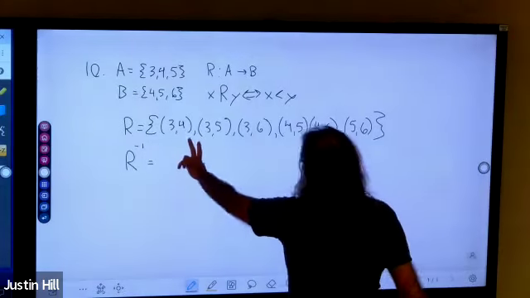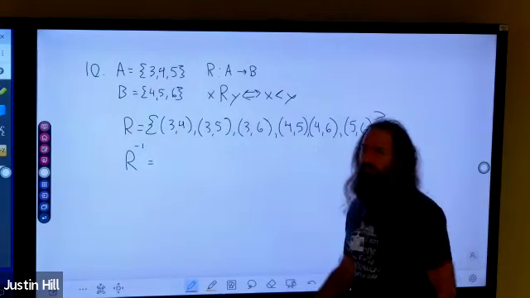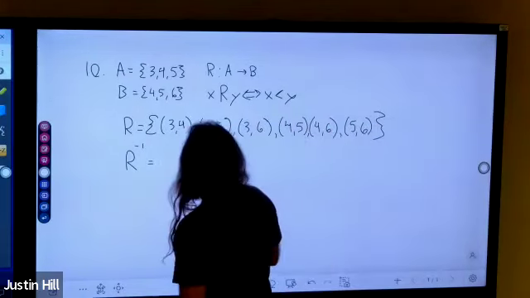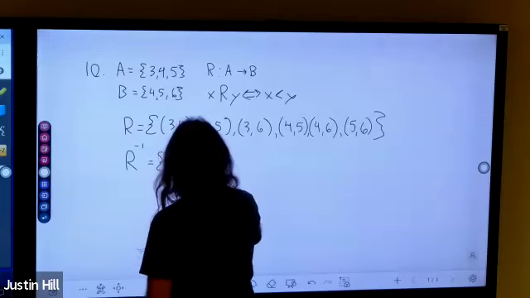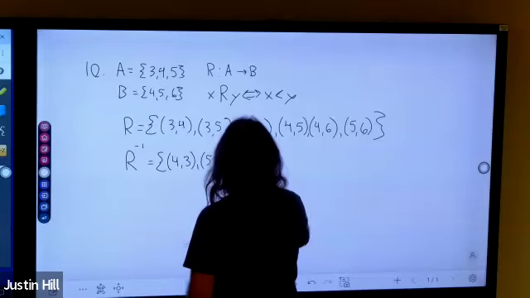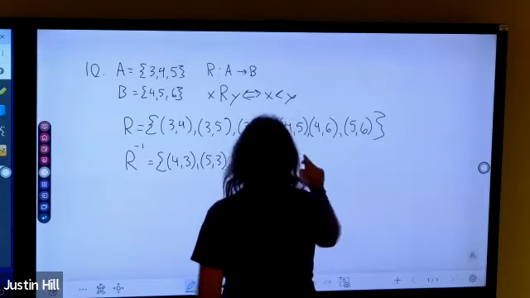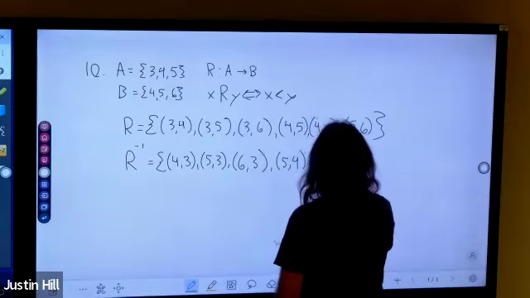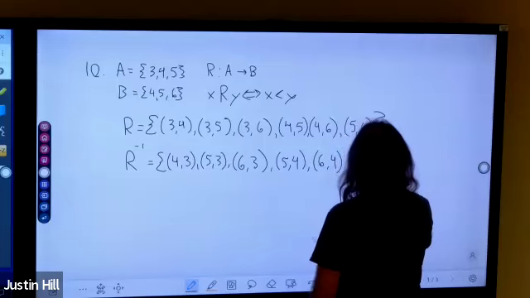And an inverse, like you learned way back in college algebra, you just switch your inputs and your outputs. So our inverse would be the set {(4, 3), (5, 3), (6, 3), (5, 4), (6, 4), (6, 5)}.